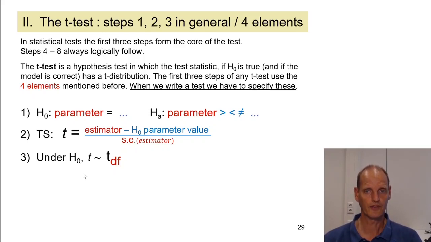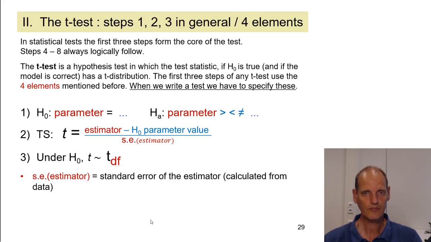Under the null hypothesis, t follows a t distribution with df degrees of freedom, and df depends then on the situation. The standard error is the formula for how we calculate the standard error from the data. And in the t, we specify the null hypothesis parameter value.